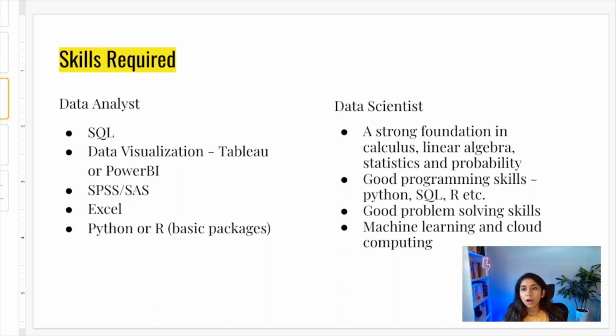What do I mean by that? For those who are completely from a non-technical background, once you start learning programming, you will find it really hard in the initial phases. But once you get over that stage and you're comfortable with it, you will appreciate programming more.